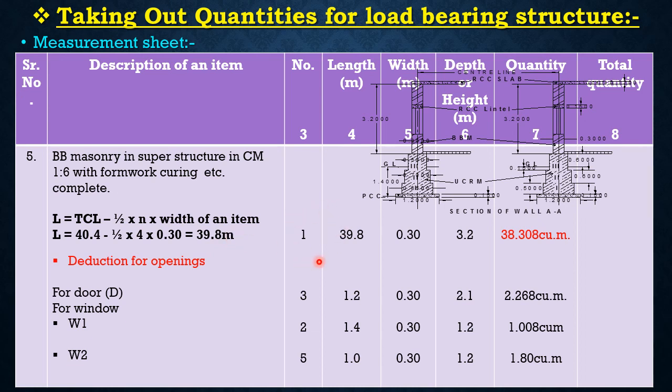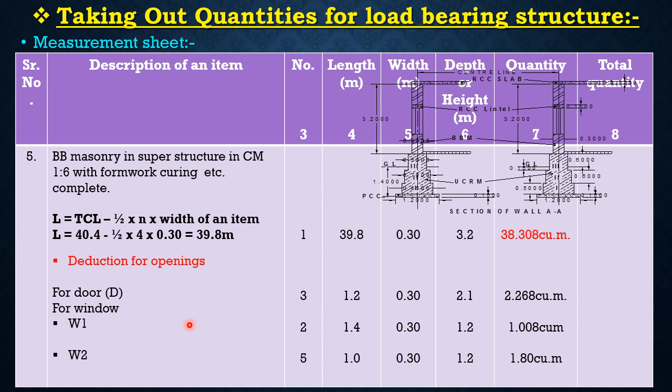Here number is 1, length is 39.8 meter, width is 0.30 meter, and depth of this item is equal to height of brick masonry of a building, which is from here to here, 3.2 meter. Then multiplying 3, 4, 5, 6 columns, we got the quantity 38.308 cubic meter.